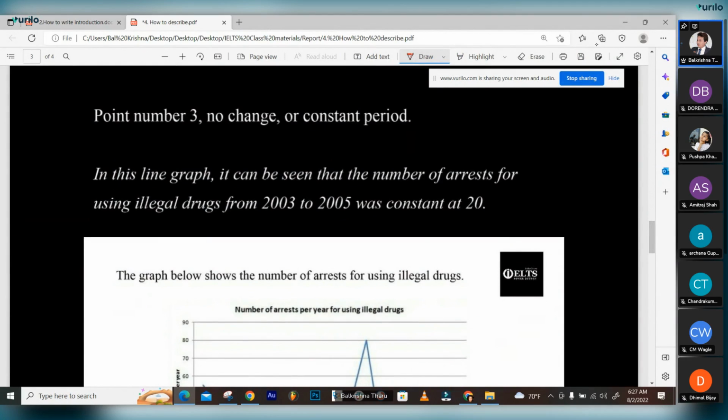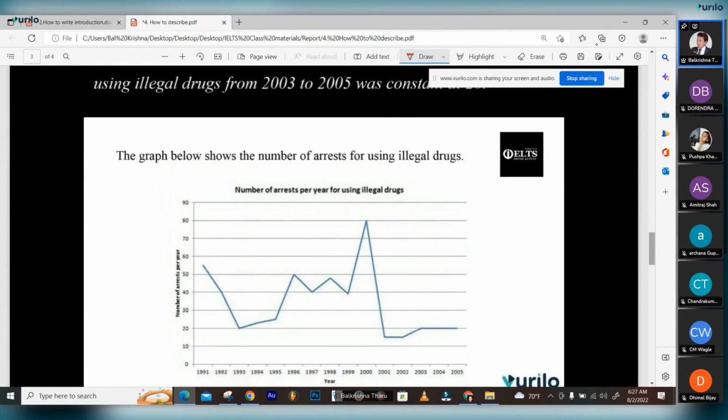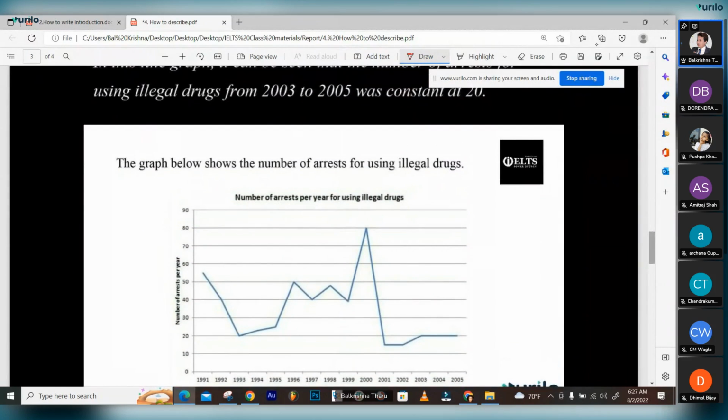So point number 3, no change or a constant period. So check out this diagram.